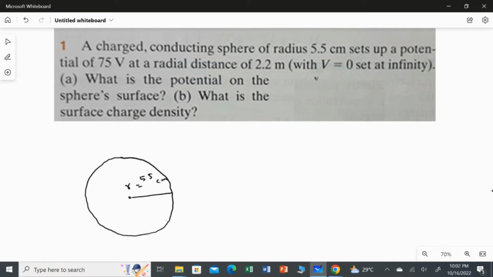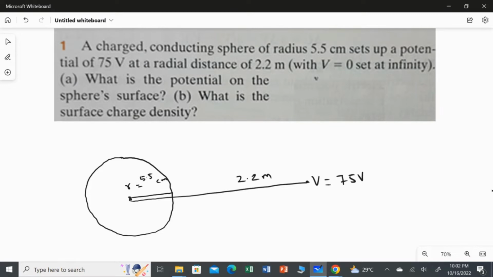And it sets a potential of 75 volt at a radial distance of 2.2 meter. So from the center of the sphere to a distance of 2.2 meter. What's the distance? 2.2 meter. In 2.2 meter distance, how much potential it sets? Exactly 75 volt.